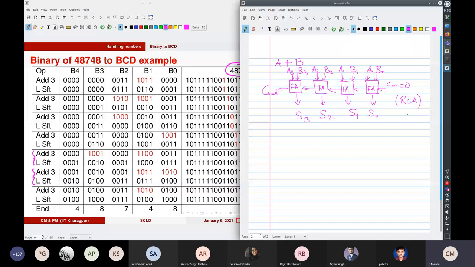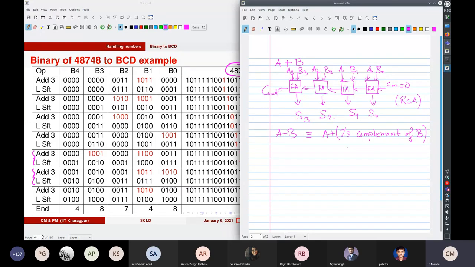But now, if you want to subtract, how do you do A minus B? You would like to add A plus the 2's complement of B, right? That is what you want to do. So how do you get the 2's complement?